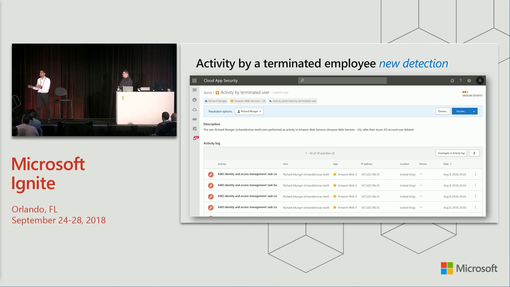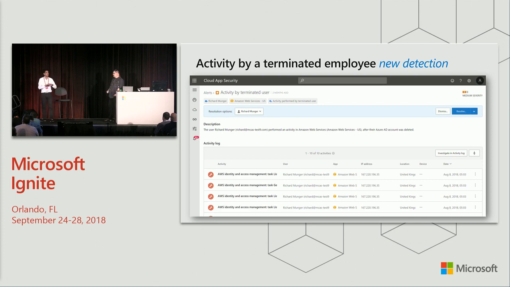However, in cloud applications, what we're seeing many times is that not all of the applications are managed using the same identity management solution. They are not onboarded to Azure AD, and then what happens? We have all of these shadow accounts of users that have left the company, but the accounts are still there. So this Richard has an account on Azure AD that is deprovisioned, an account on AWS that is still provisioned and active.